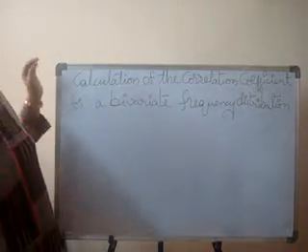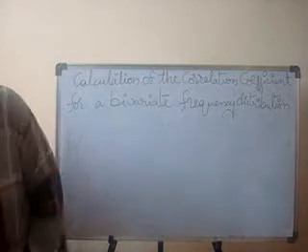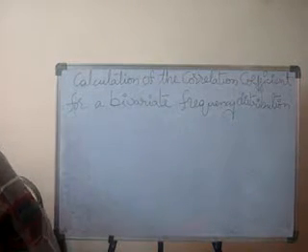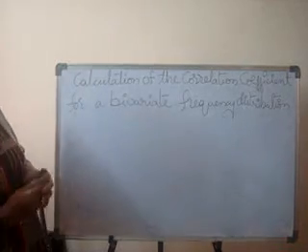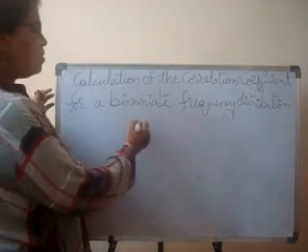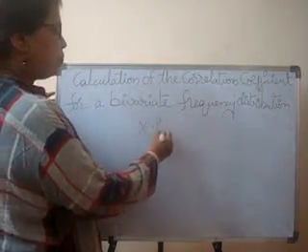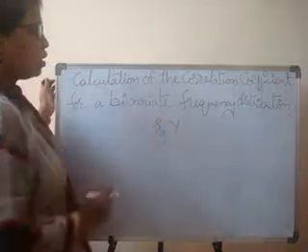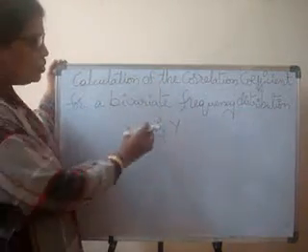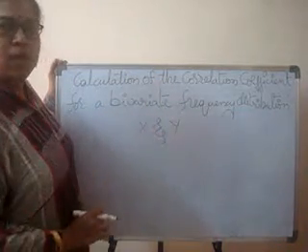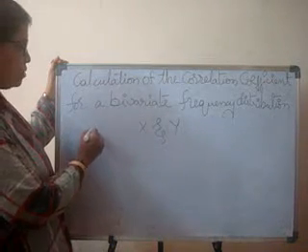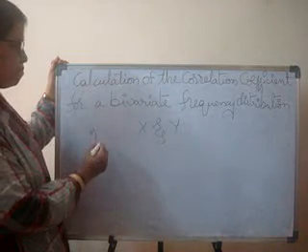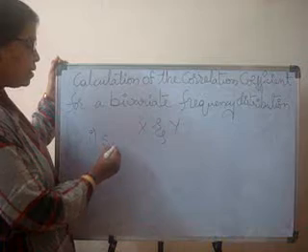So far we have seen correlation coefficient is the relationship between two variables x and y. This relationship, we have seen the various methods. One is the scatter diagram.